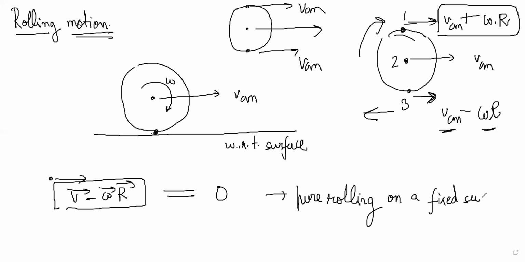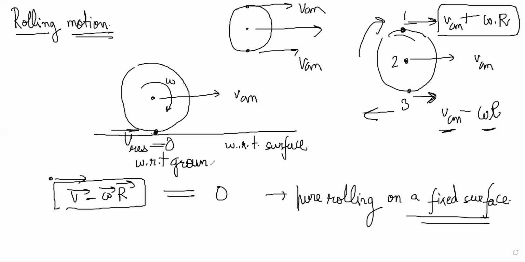Basically, the resultant velocity of this point should be 0 with respect to ground. With respect to ground, it should not be moving. Then you will say it is pure rolling.